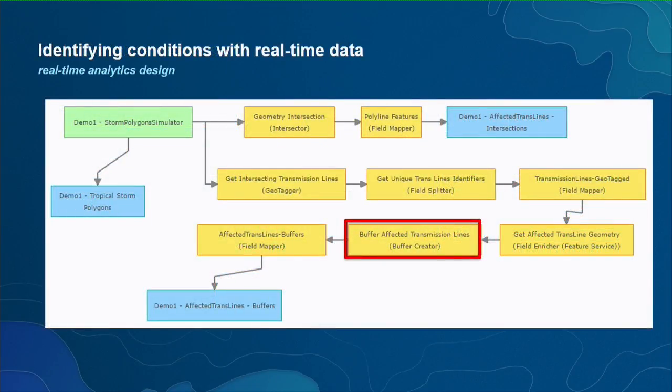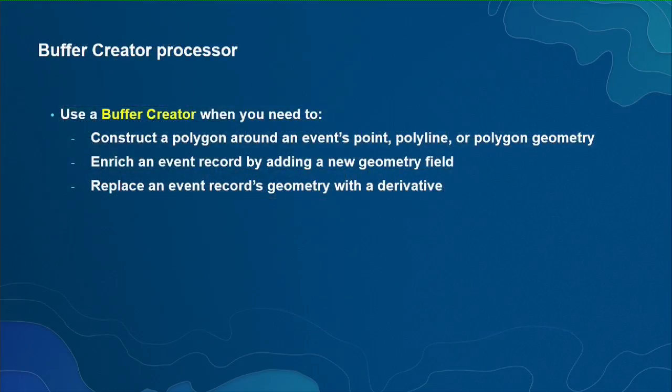A buffer creator does pretty much what you would expect. It creates a polygon around an event's point, line, or polygon geometry in order to enrich the event record with a new geometry. So you can either overwrite the existing geometry or add a second geometry to the event record.